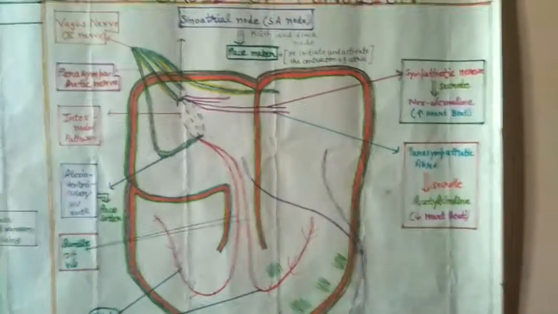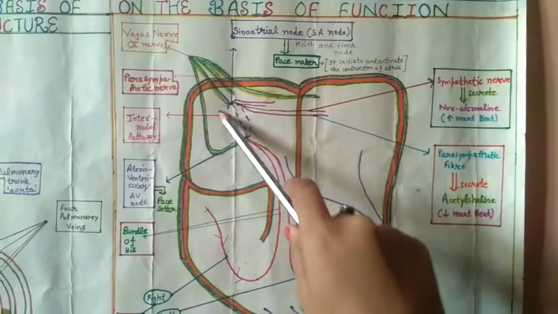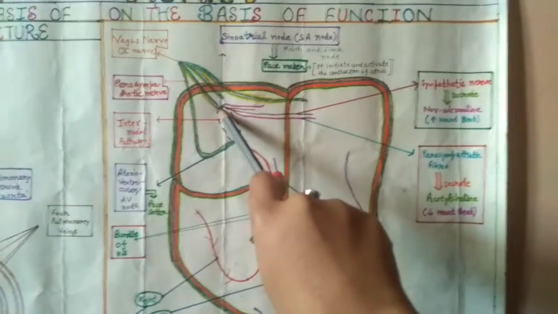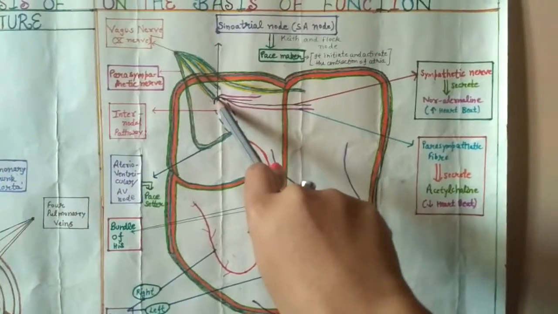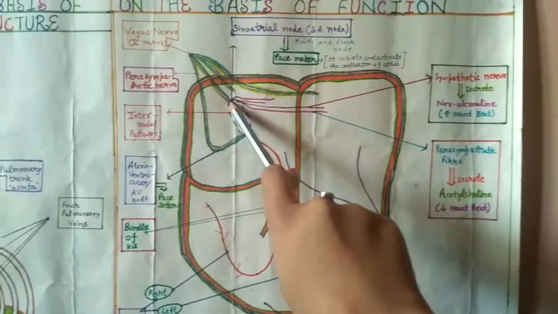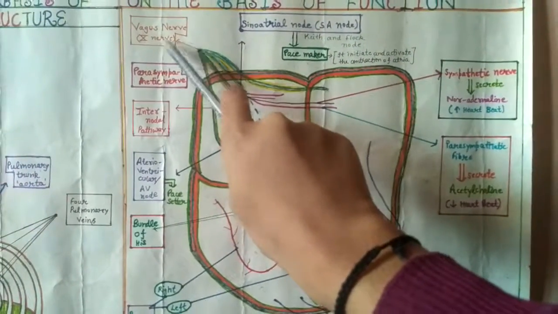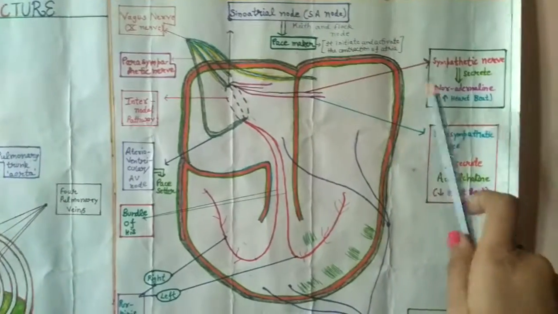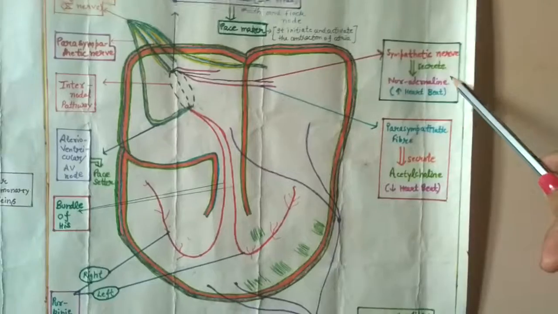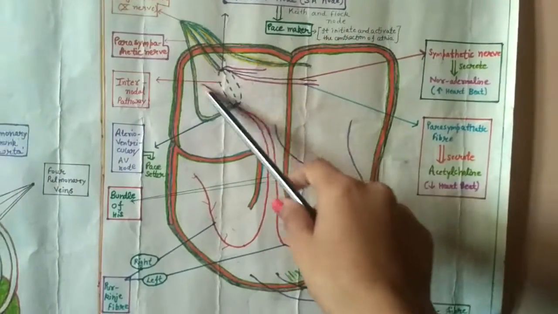Friends, as I said, the human heart is autoexcitable or myogenic in nature, but this sinoatrial node can be modified. So how can it be modified? Some neurotransmitters can modify the function of this sinoatrial node. You can see that this is the vagus nerve, which is the 10th cranial nerve. If it works on the autonomic nervous system, then with the help of some neurotransmitters we can change the heart rate.